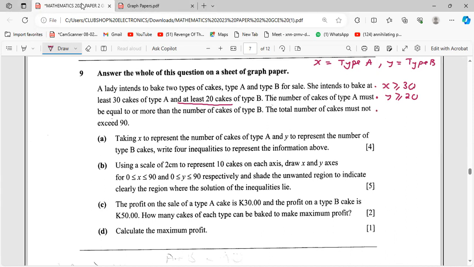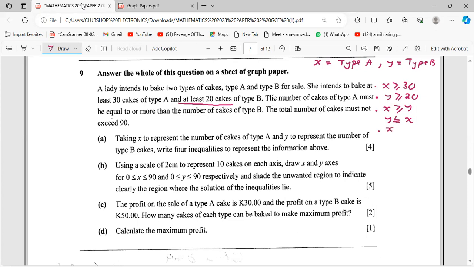The number of cakes of type A, which is X, must be equal to or more than the number of cakes of type B, which is Y. So Y is less than or equal to X. Number 4: the total number of cakes must not exceed 90, meaning it must not go beyond 90.